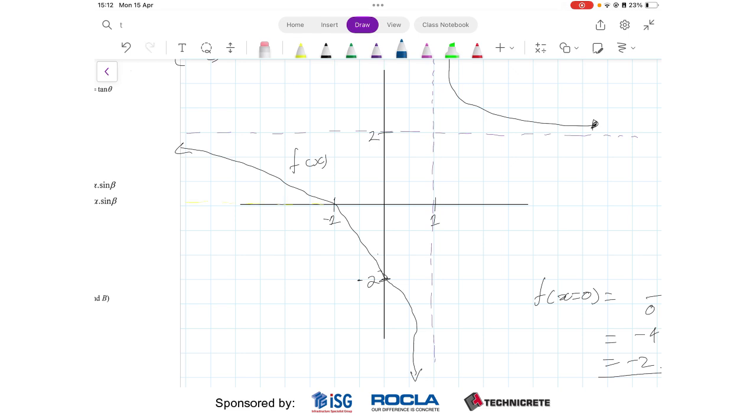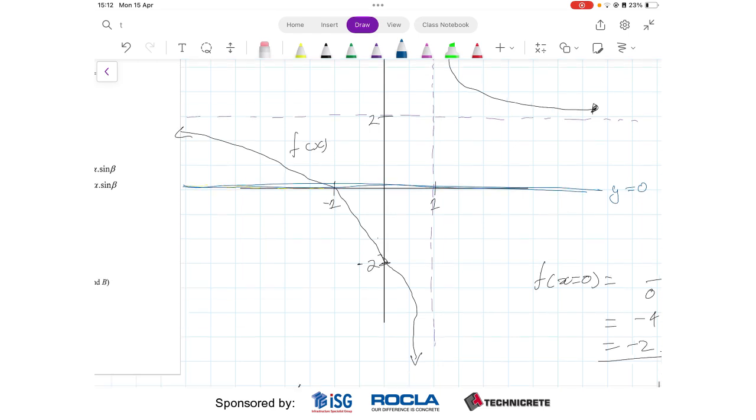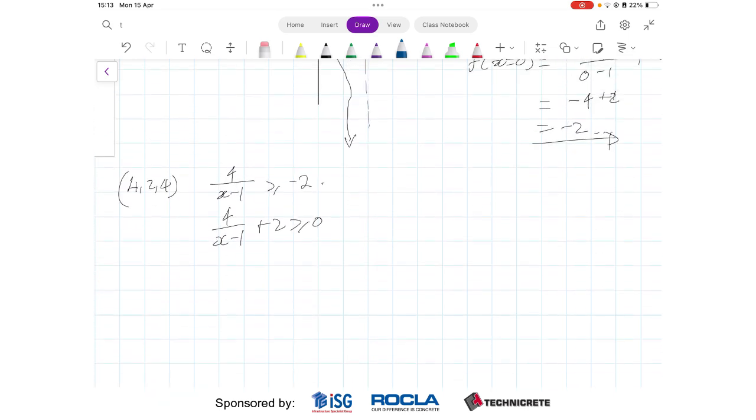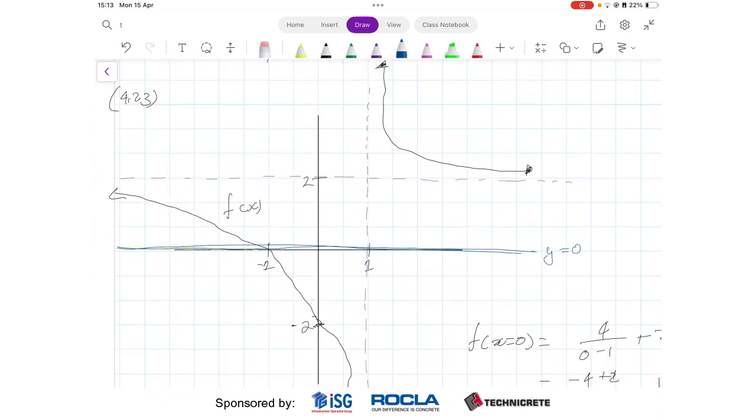Okay, let me pick a different color. We need it to be below this line, this y equals 0 line. And where does that happen? We are looking for the point where it's greater than 0, not less than, greater than 0.